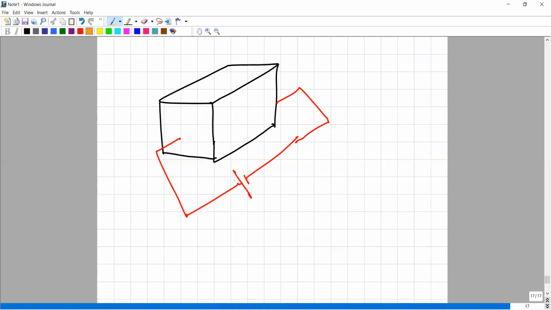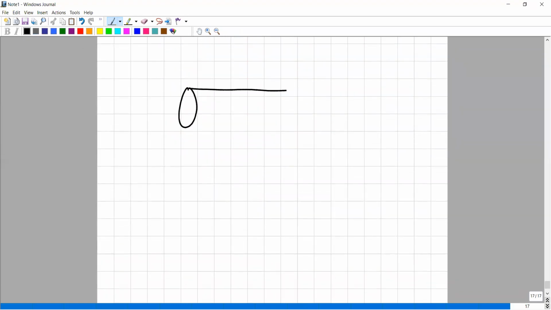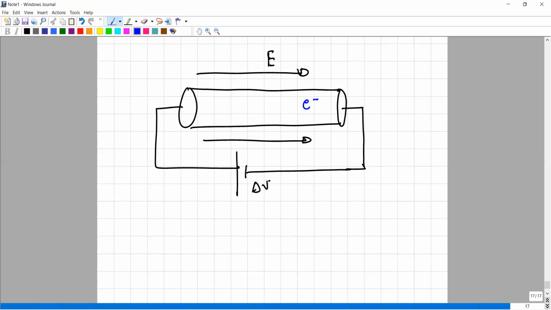Now, because you have set up an electric field in the conductor, these electrons would be experiencing a force. So let's say this is your conductor, and it is provided some potential difference, and due to this potential difference you have some electric field set up. Because of this electric field, what will happen to the electrons?